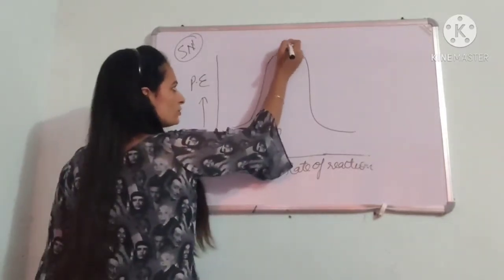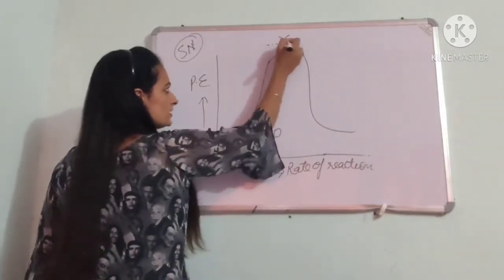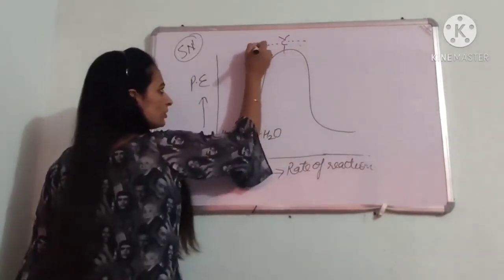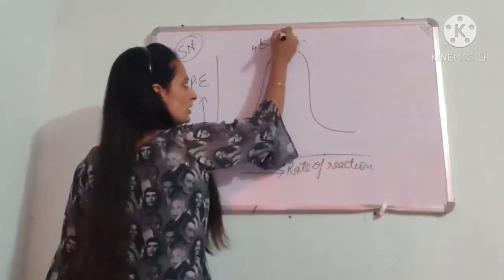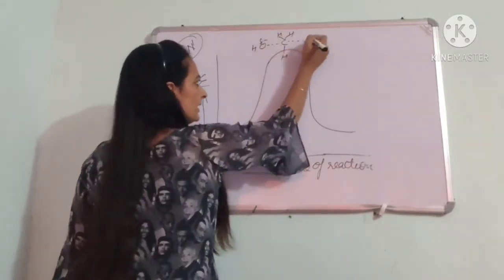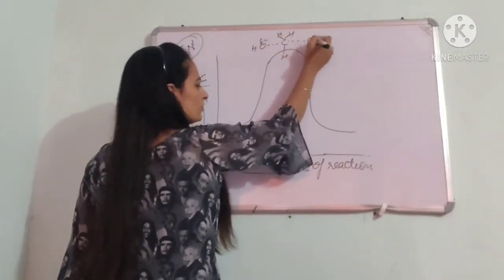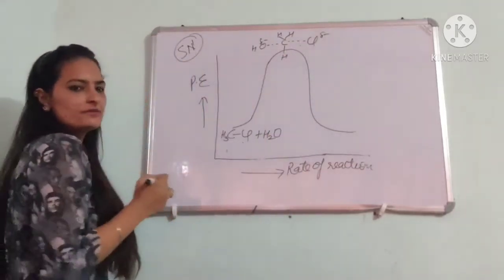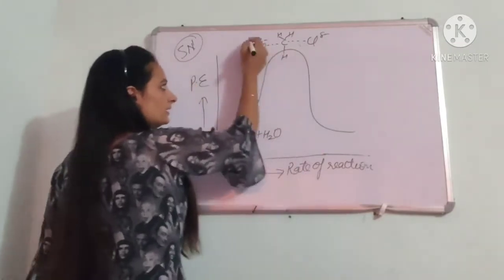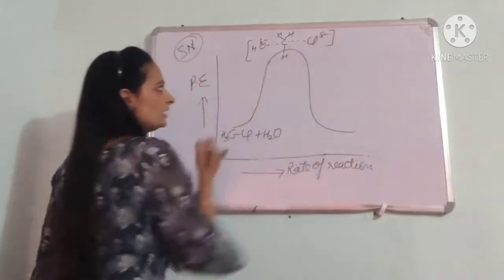Then here we are going to draw the transition state. In the transition state, your nucleophile has a partial negative charge because it is attaching to the carbon of the alkyl halide, whereas your leaving group, here I have taken the chloro group, also has a partial negative charge because it is leaving the alkyl halide.